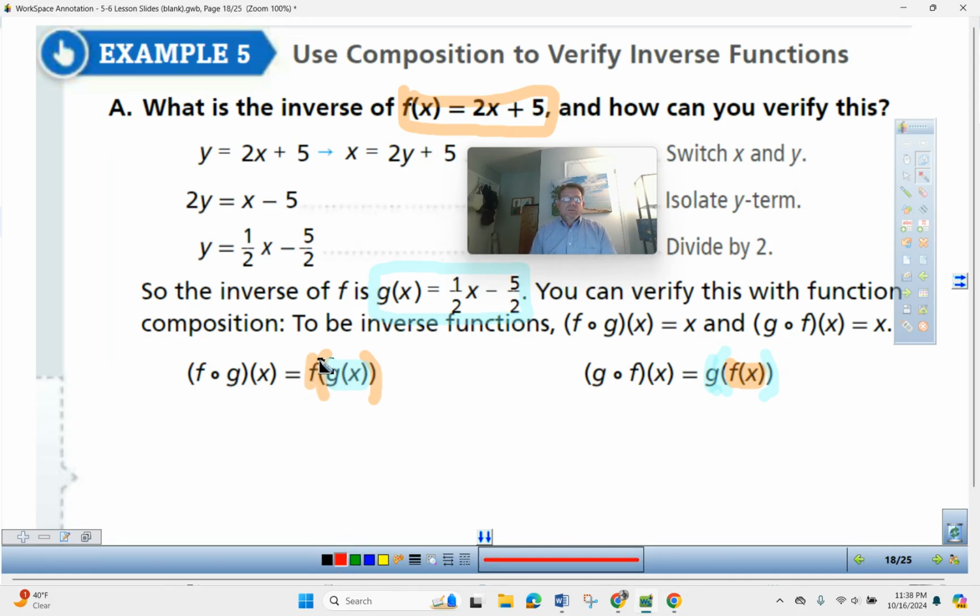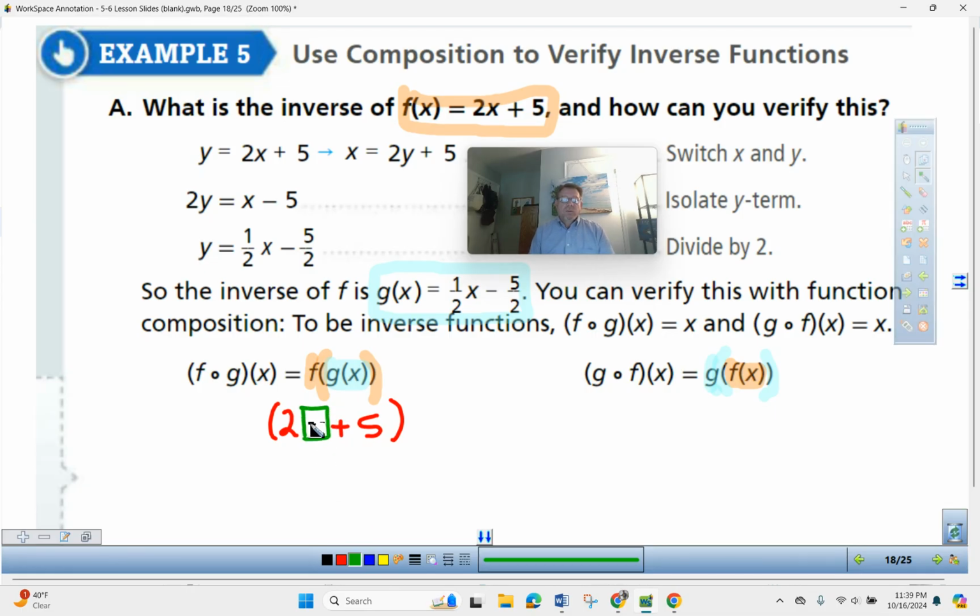So here's the f of x, and f of x is 2x plus 5. But we're not going to keep the x, are we? No. We're going to take the x out, and that is where we put our g of x.